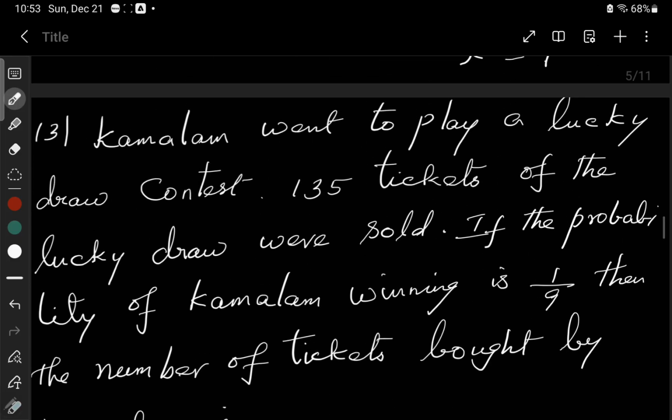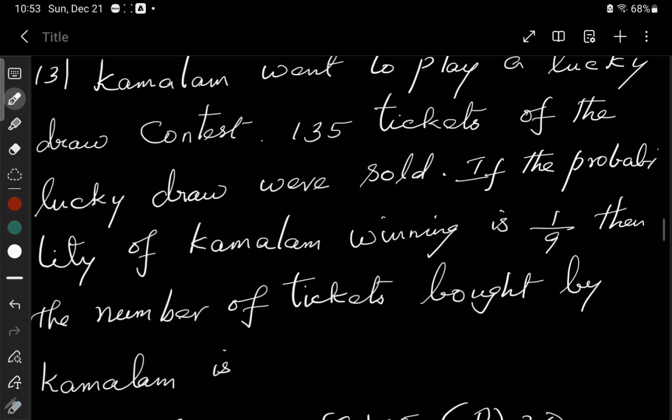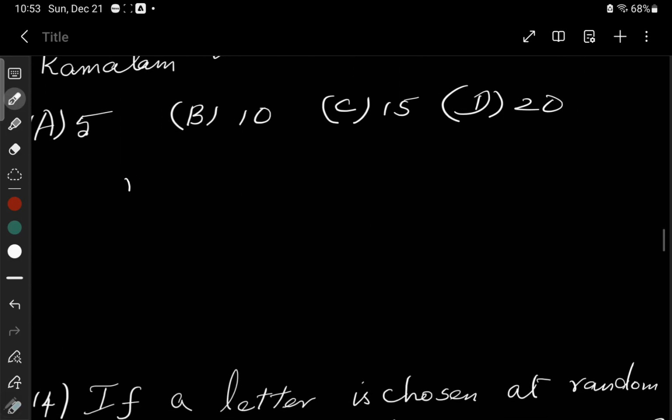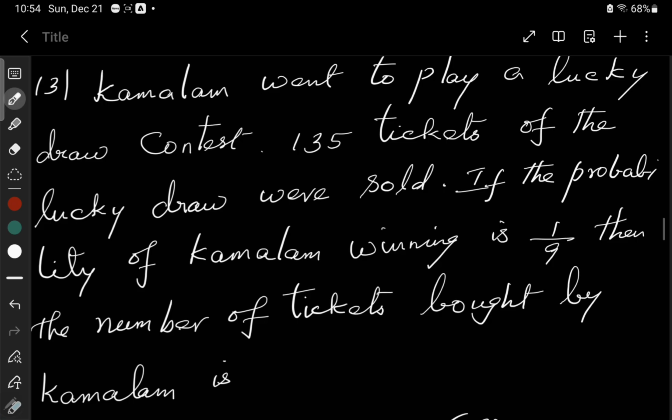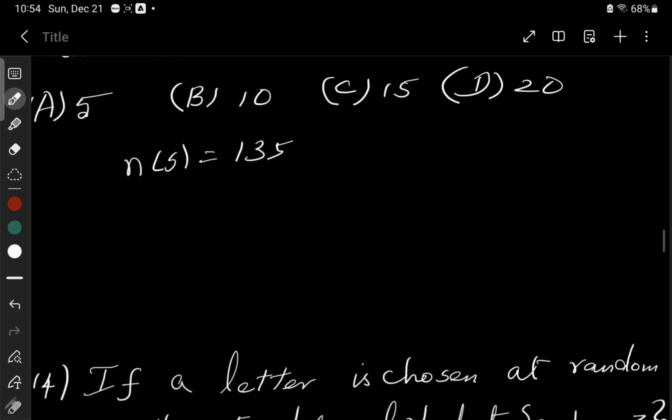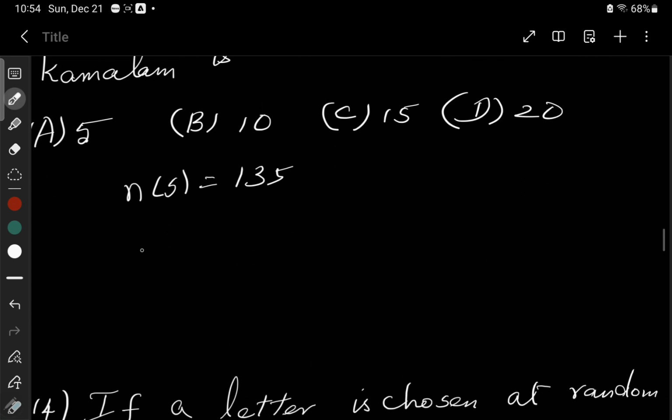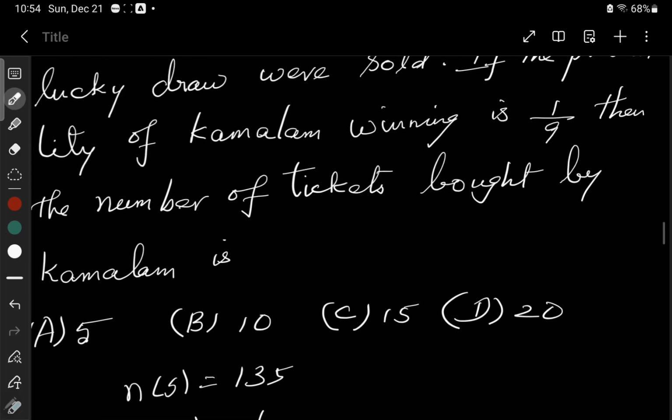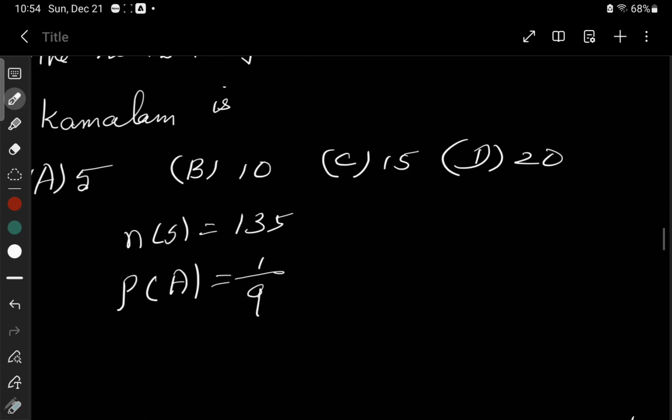See here, the number of tickets N of S is 135. The probability of Kamalan winning is 1 by 9. Kamalan bought some number of tickets, that's not given, so you have to find how many tickets were bought by Kamalan.